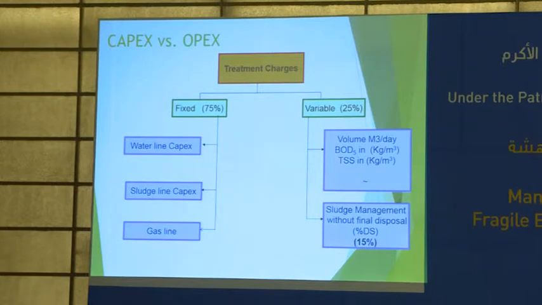Today we pay around 50% of the 25% of the total monthly treatment charge for sludge management. This is actually a huge margin on the Water Authority's shoulders. How can we recover? How can we get revenues to cover this sludge management cost?